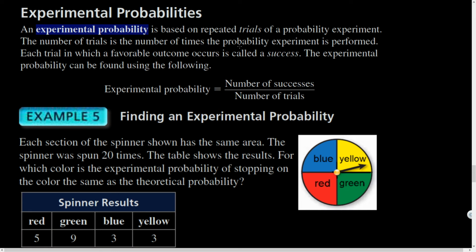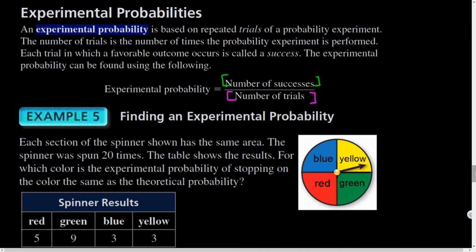But anyways, experimental probability is based on repeated trials of a probability experiment. The number of trials is the number of times the probability experiment is performed. Each trial in which a favorable outcome occurs is called a success. And so you do the number of successes, similar to what we were describing before, divided by the total number of trials.